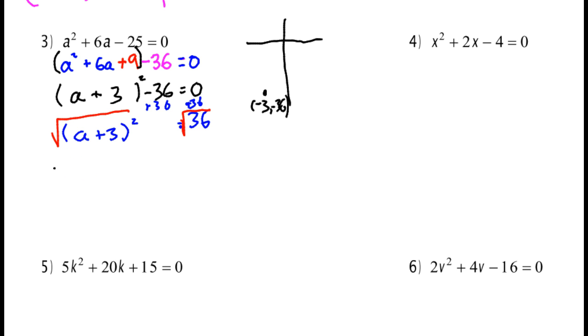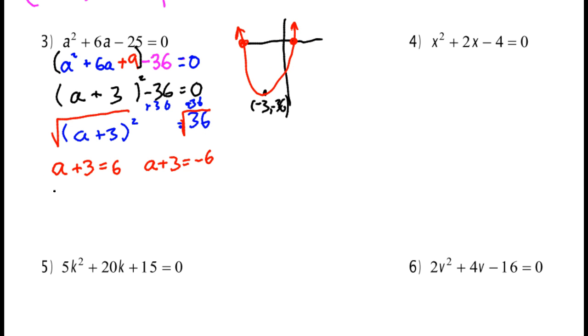So careful, get your 2 equations. A plus 3 equals 6. And a plus 3 equals -6. Okay, so we know it's going this way and it's going this way. There's 2 answers I'm looking for.